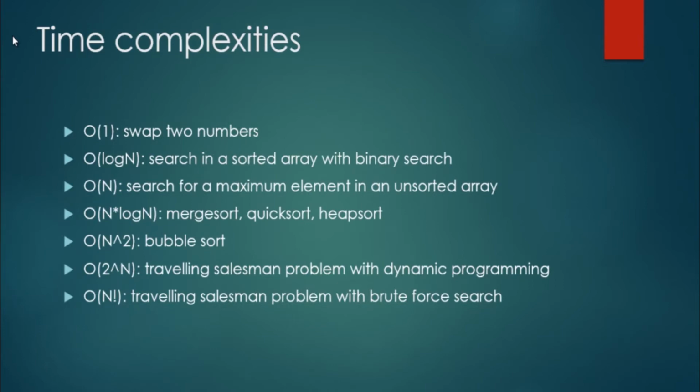So here are some examples I've been talking about: swapping two numbers, then searching in a sorted array with binary search, which has logarithmic time complexity. Then for linear time complexity, we usually want to reduce most algorithms to linear or logarithmic time complexity.